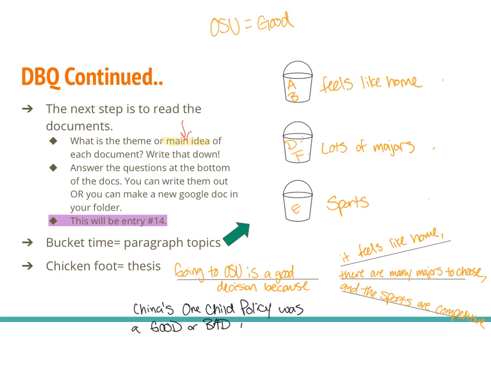Was a good or bad idea because of y, dot, dot, dot, okay? And then you'll fill out the chicken foot part, okay? So you're either going to choose it is good or it is bad, okay? You're choosing one or the other. It cannot be both. You are choosing a stance here in this essay, okay? So it's either going to be good or it's going to be bad, all right? So China's one-child policy was a good idea because or a bad idea because, and then you're going to give me the 3 reasons that you listed for your buckets, okay?